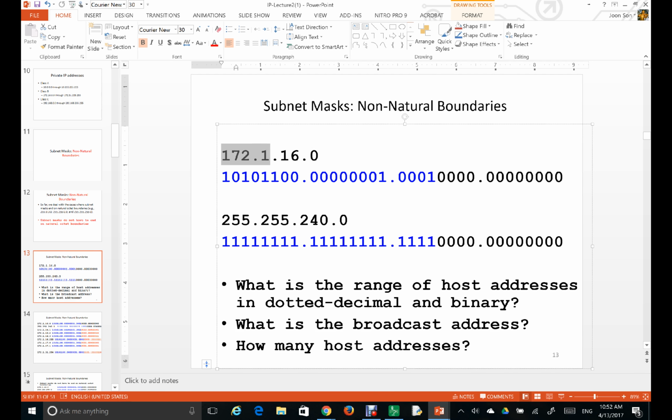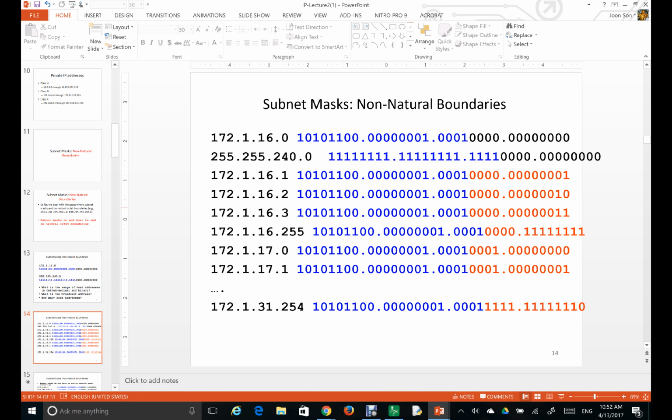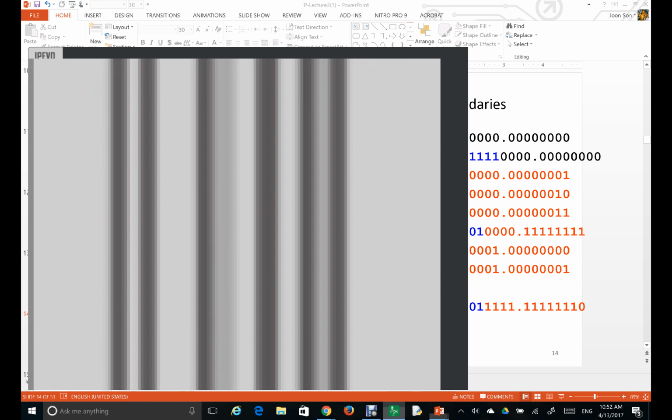The first 2 octets you don't have to, because it's obvious they are part of the network address. The 16 is in the third octet, so just like the subnet mask, it's better to convert it into a binary number. So let's take a look at the example.